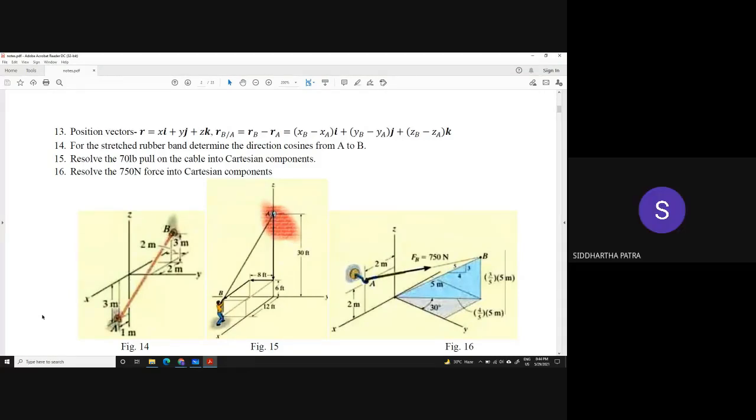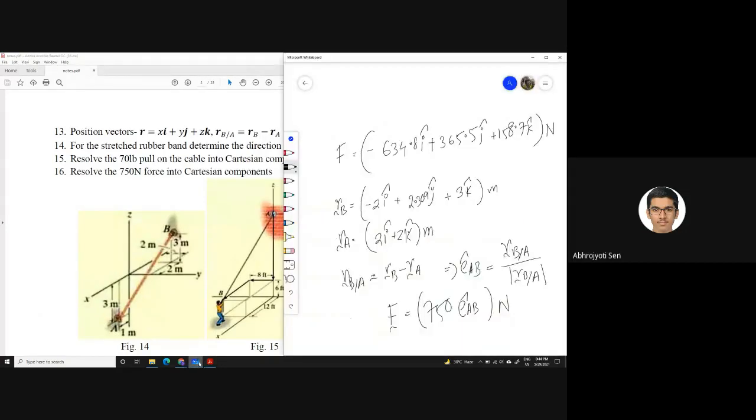It should be 4 cos 30, so it would be 2 into root 3. Yes, sir, you are correct. 3.4641 it should be.